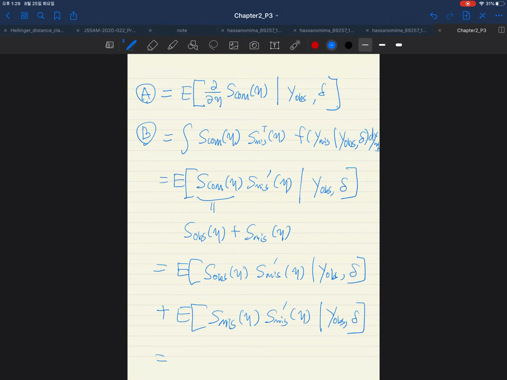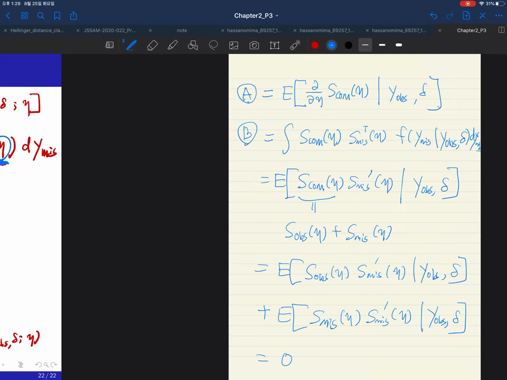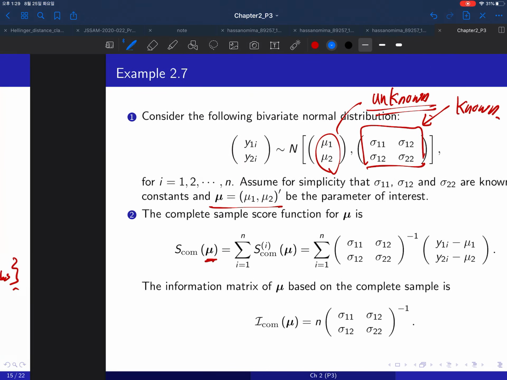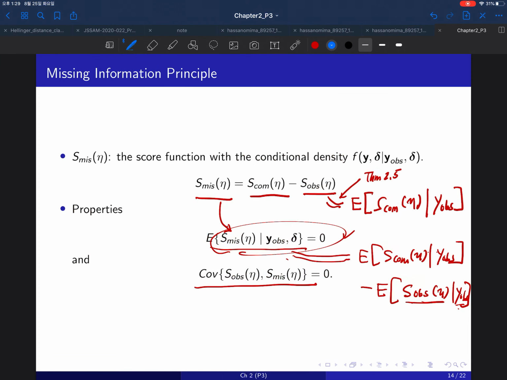So the first term is 0 because we saw that already, that we covered before here.